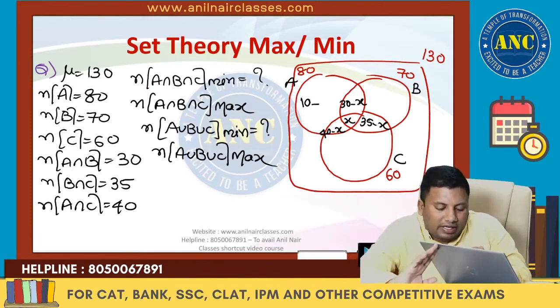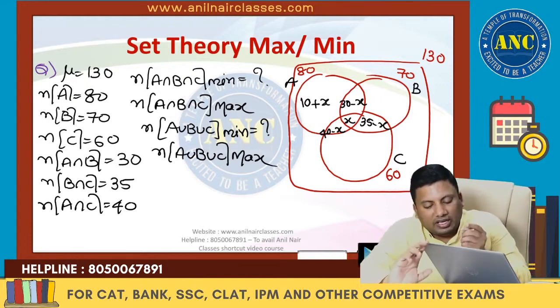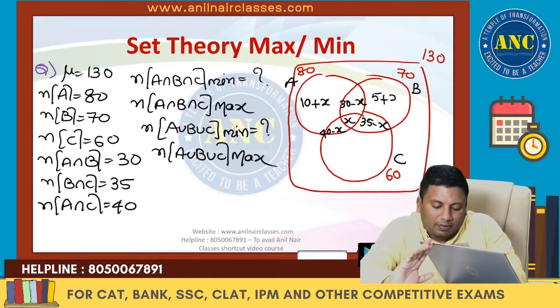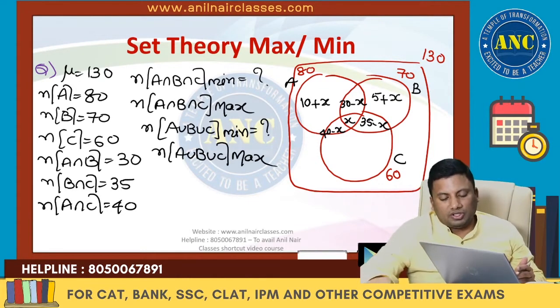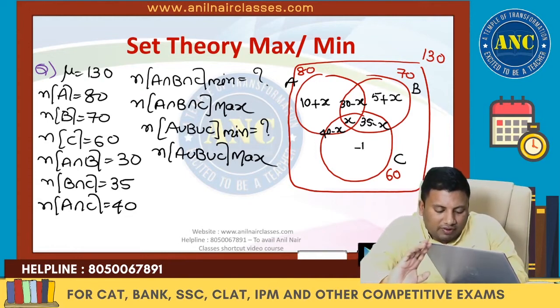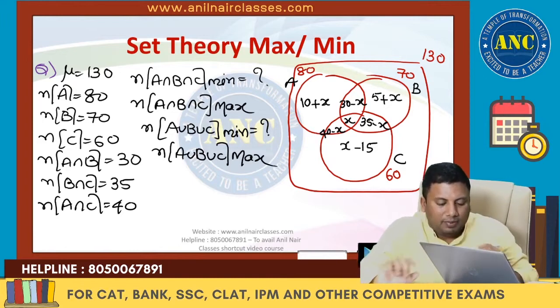There are 2 negatives, so there will be 2 positives. 30 plus 35 is 65, this is 5. There are 2 negatives, so there will be 2 positives. 40 plus 35 is 75, so there will be subtraction of 15. There will be 2 negatives, so there will be positive.